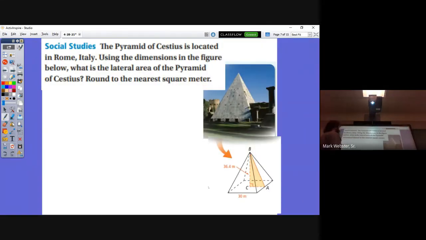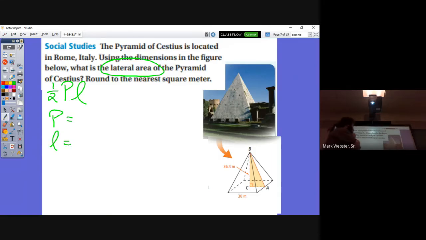Here we want the lateral area. So lateral area, we don't want the base, right? We want just the 1/2 PL part. Before I even start, let me write that out, because earlier today I screwed up. I did the whole thing, but you know.